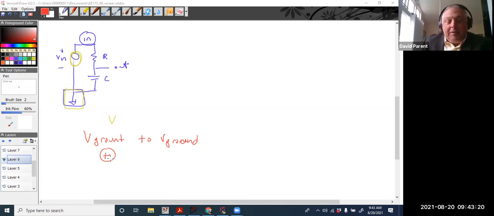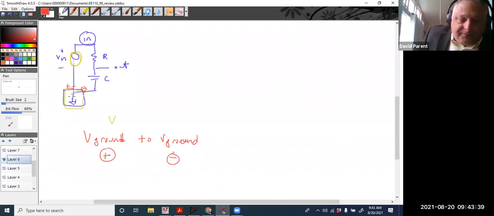So if I put the positive end of my voltmeter here and the negative end of my voltmeter here, there is no voltage drop. So that's why ground is 0. It's not that this is magically at 0 volts. Remember, voltage is always between 2 points. When we say V in, we really mean V in to ground. When I say V out, I really mean out to ground. If you say VR, it's across the R. VC is across the C. All right.